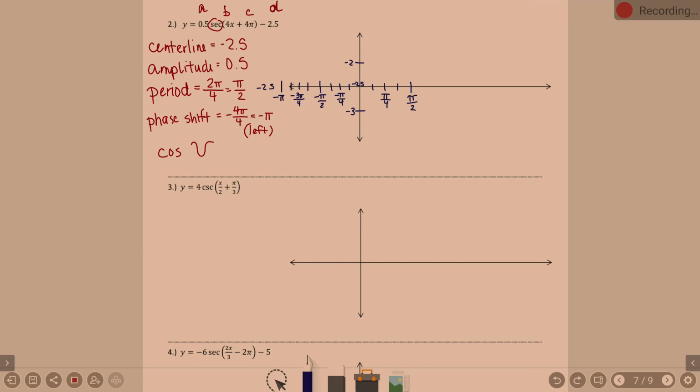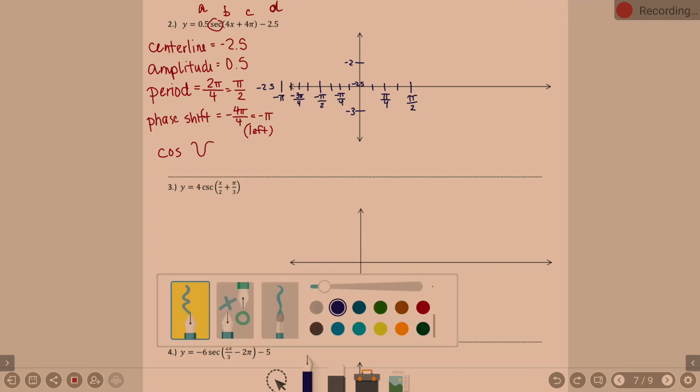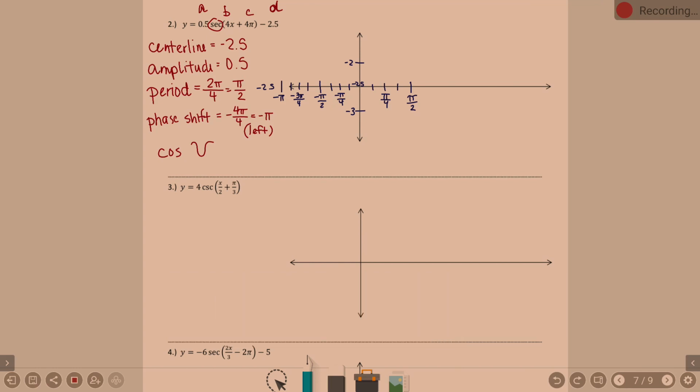Okay. Are we ready to graph? Okay. If I start, I'm going to go gray here and start with just my basic before I shift it. Then I need to make my cosine curve have a period of pi over 2, yes? Which means my cosine goes from what? 0 to pi over 2.